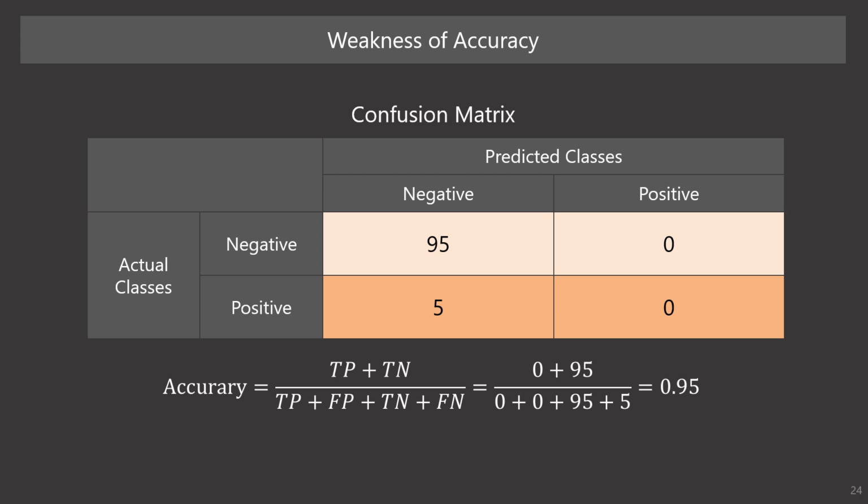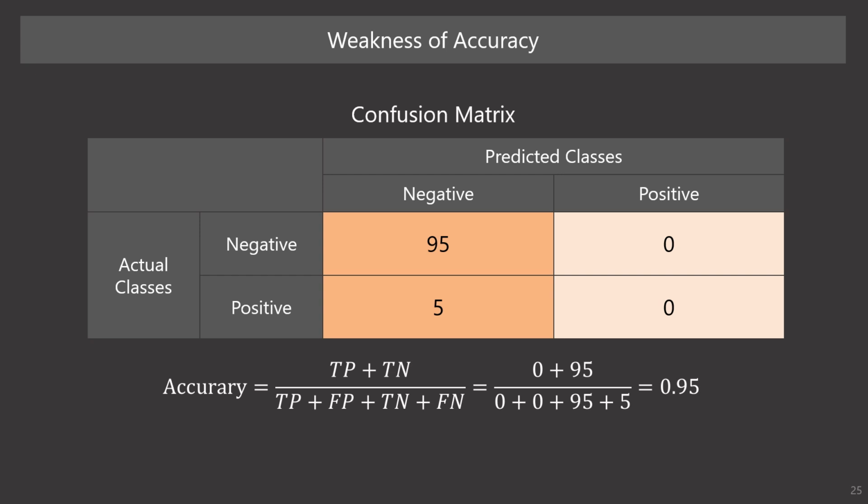That is, the model cannot identify any of the positive cases. This can be a serious problem in cases where positive cases are emergencies and severely detrimental, such as bankruptcy and serious health problems. So, high accuracy does not necessarily mean that the classification model is useful.